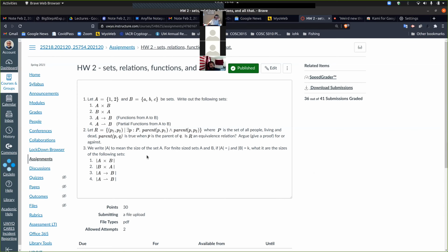Parent PQ is true when P is the parent of Q. So I thought P1, P2 was a set of parent and child, but they're not. They're siblings. They're not parent and child.